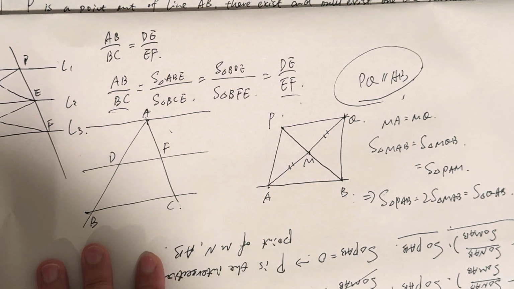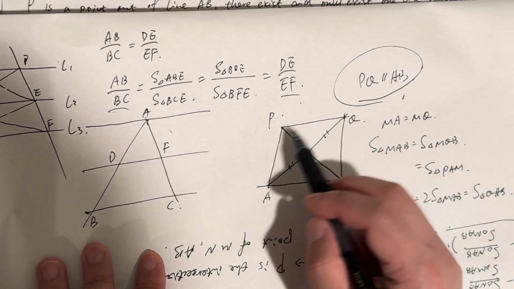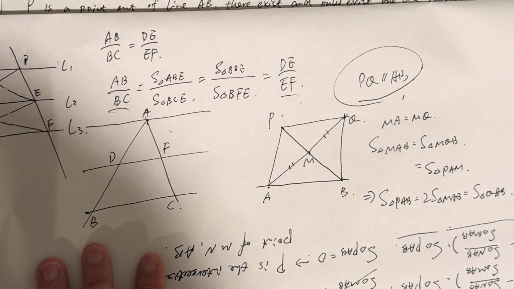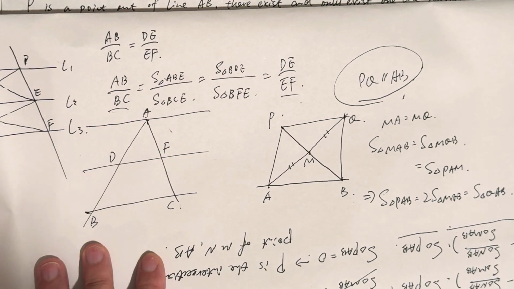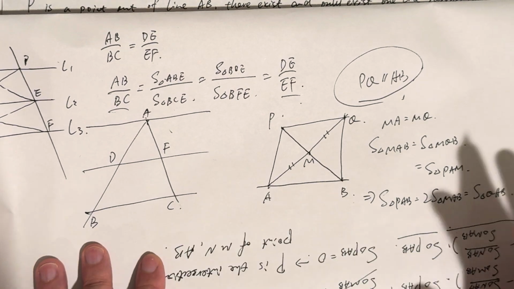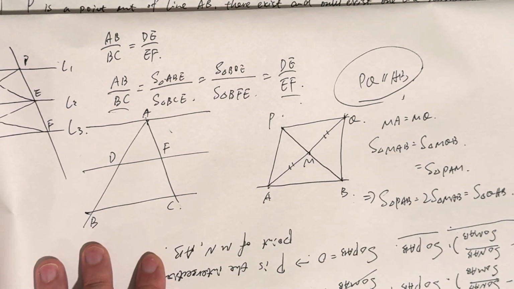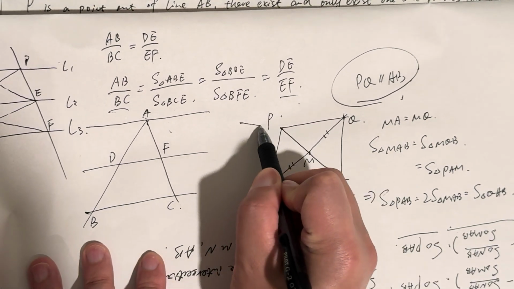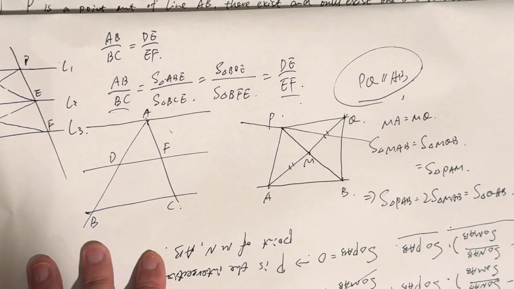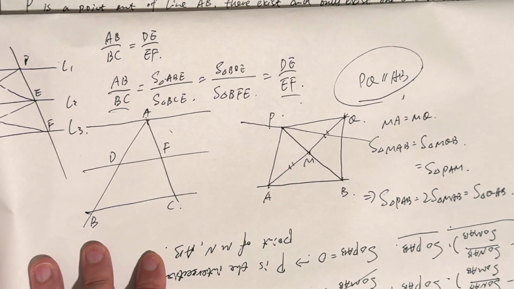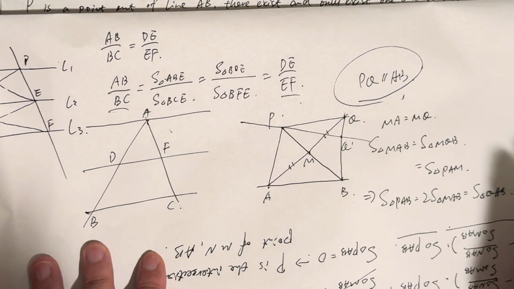And we want to prove that this parallel line is the only one passing through P. So we can assume that there is more than one parallel line passing through P while parallel to AB. So another line must intersect BQ. Right, let's call it Q prime.